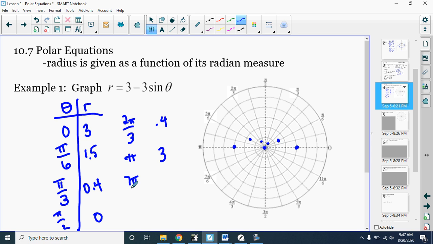Seven pi over 6. Sine of 7 pi over 6 is negative 1/2. So I've got 3 plus 3 times 1/2. So this one should be 4.5. Plug in 4 pi over 3 is 5.6.